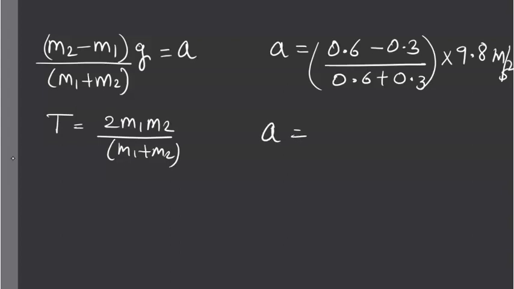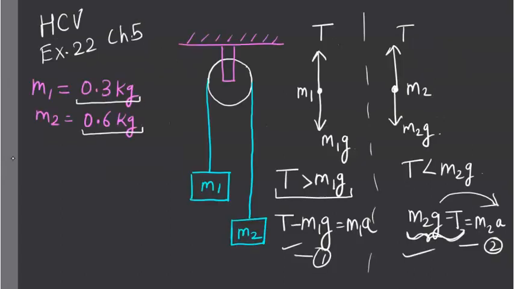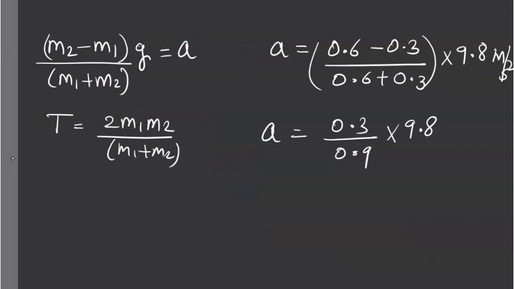After doing this, we get 0.3 divided by 0.9 into 9.8. So 0.3 and 0.6 are the masses, yes, so 0.6 minus 0.3. This is 1 by 3 into 9.8. So what is the acceleration? It is 3.3 meter per second square.